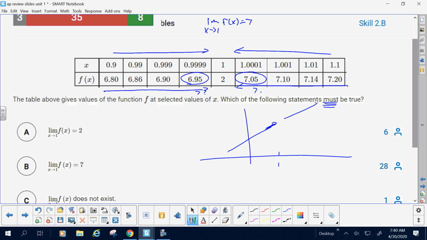Now, that little gap of x results in a little gap of y. So just because the y values are showing between 6.95 and 7.05, does that mean the limit has to be in between? Well, no. Could it be 7.01? Could it be 7.02 or 6.9? So too much gap, and that word is the gotcha in there.